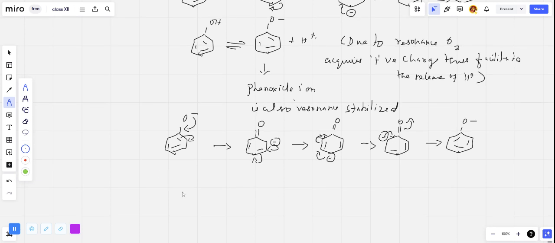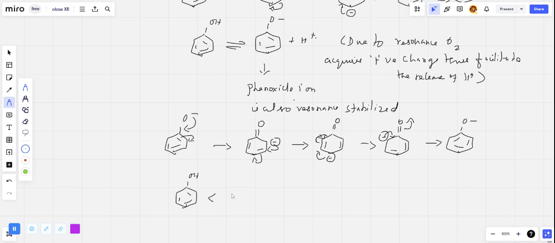In substituted phenols, the presence of electron withdrawing groups such as the nitro group increases the acidic strength of the phenol. For example, if you take this one, OH, this is a phenol, which is acidic.